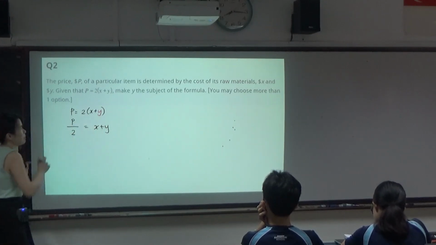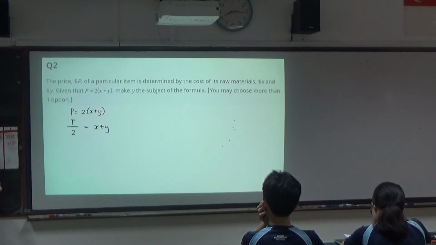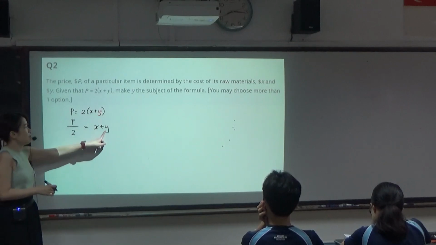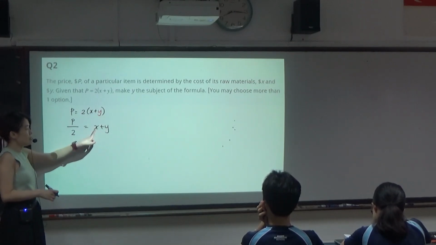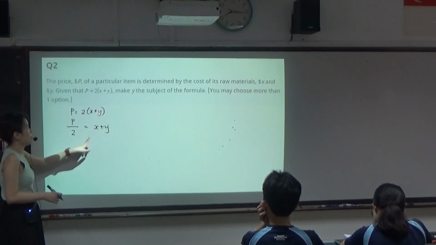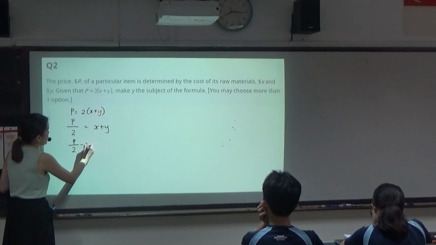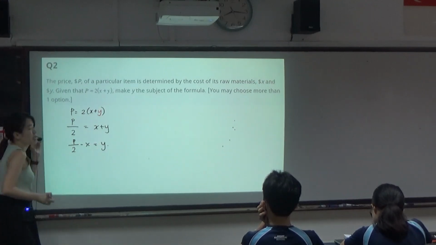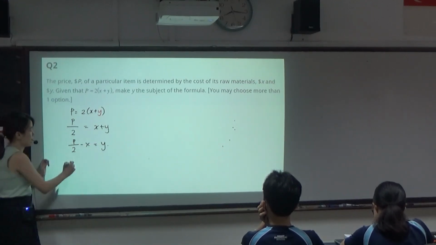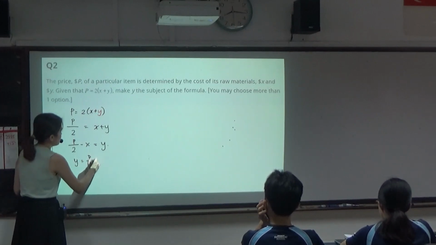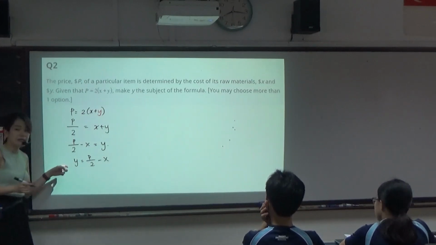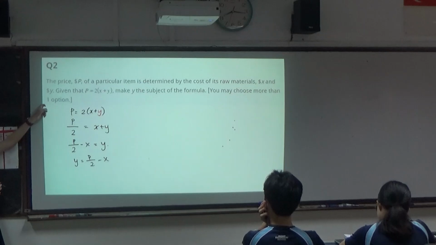To say that P divided by 2 equals X plus Y. Okay? Then our objective is the Y. We need to get rid of the X. Since this is X plus Y, by moving X over to the other side, we are looking at P over 2 minus X equals Y. Okay? So in other words, I can say that Y equals P over 2 minus X. So that will be the answer, okay, to question 2.